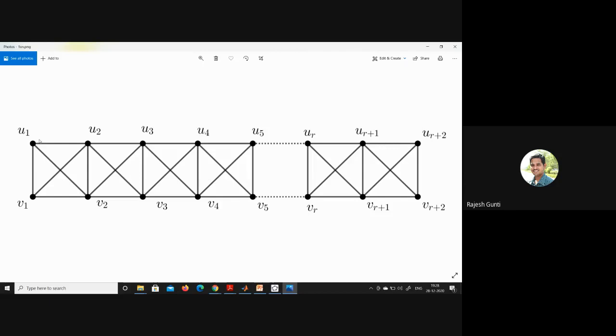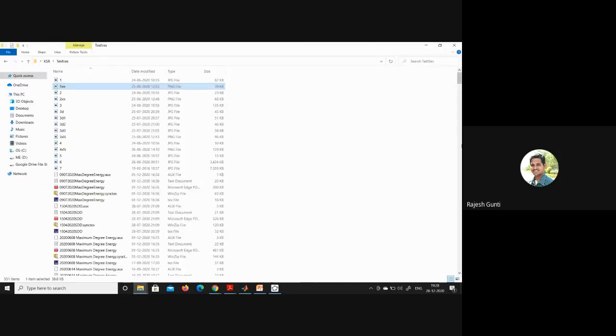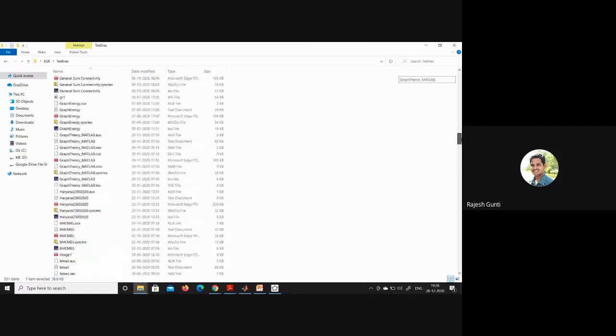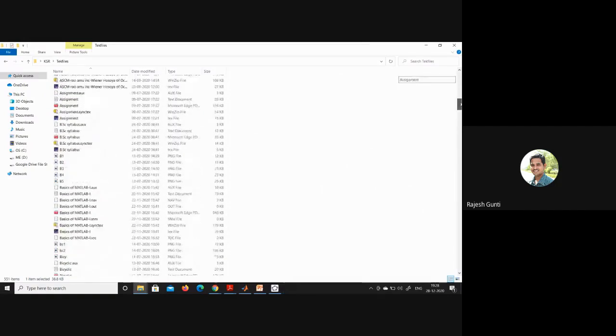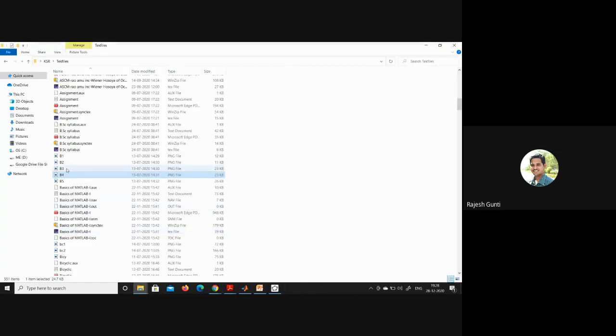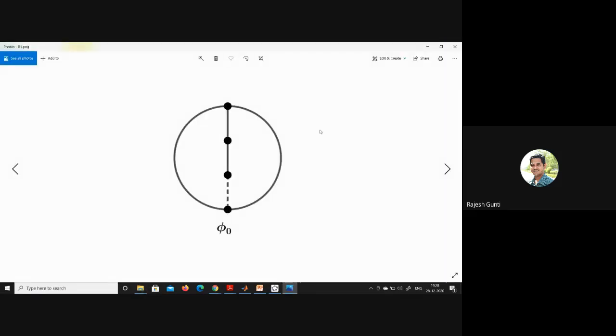There are many available, and one among them is GeoGebra. You can easily draw diagrams like these using this type of software.